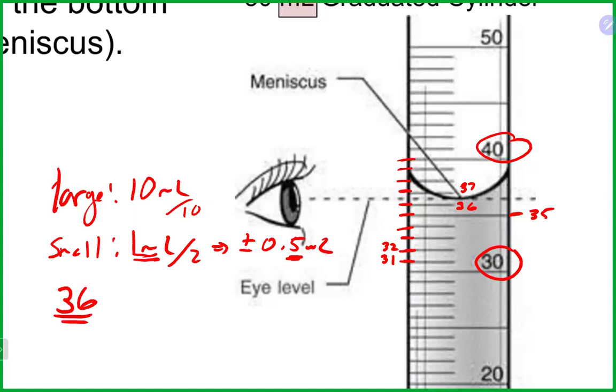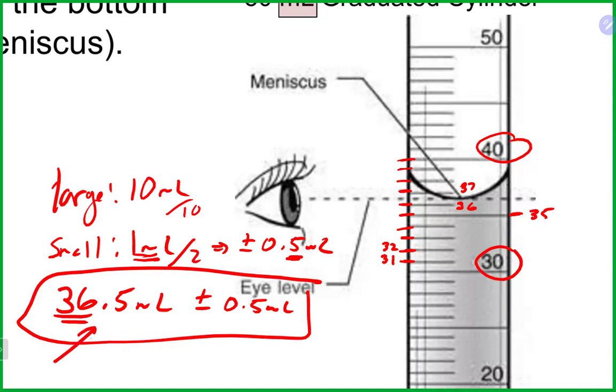You want to feel where it's at. You may feel it's in the center between the 36 and 37 lines. So we'll go 36.5 milliliters plus or minus 0.5 milliliters. This would have 3 significant figures, with the 5 being our uncertain, estimated number in this particular case.